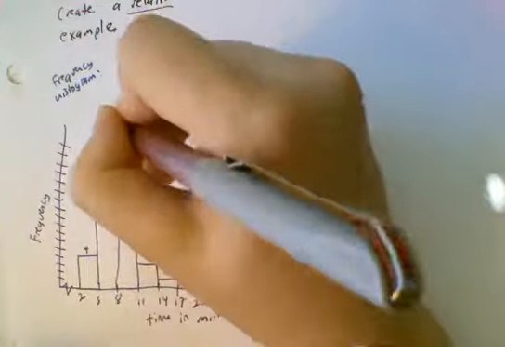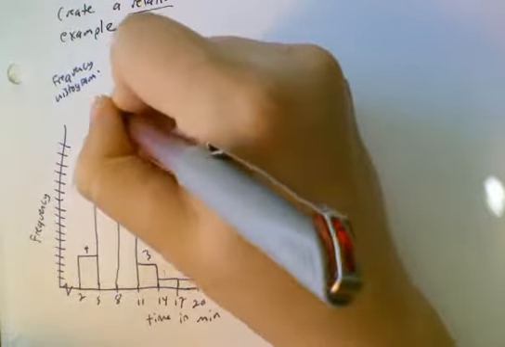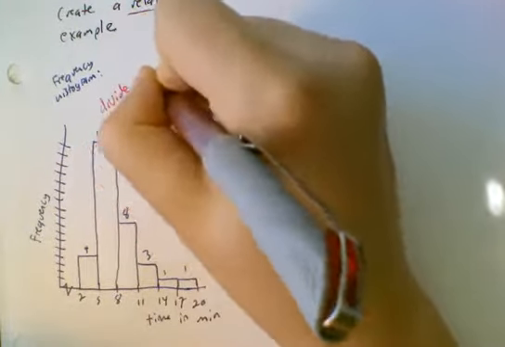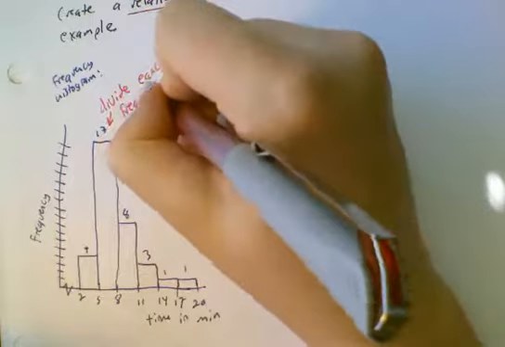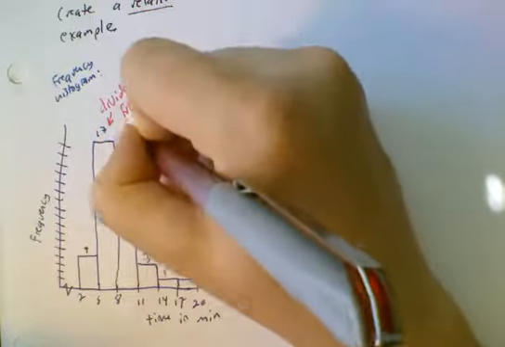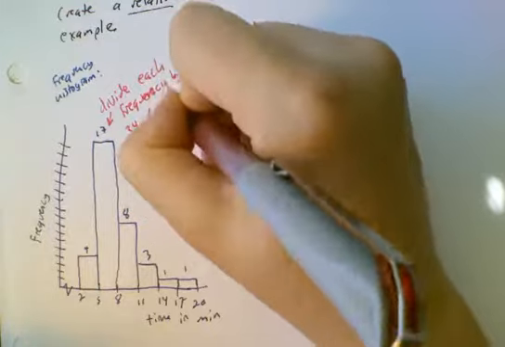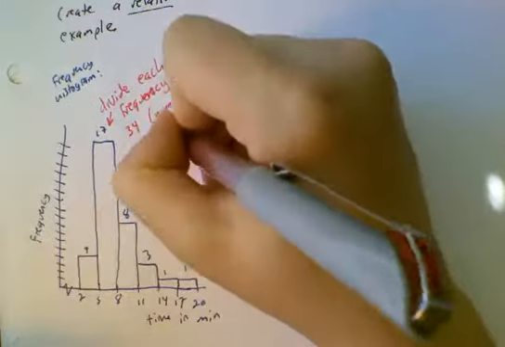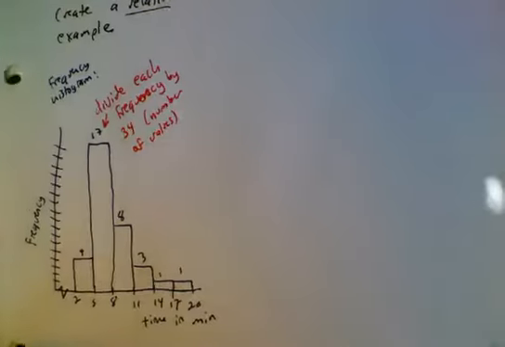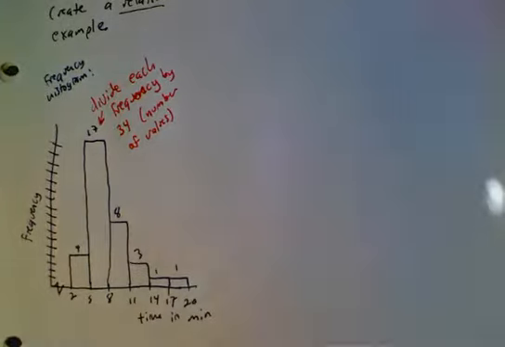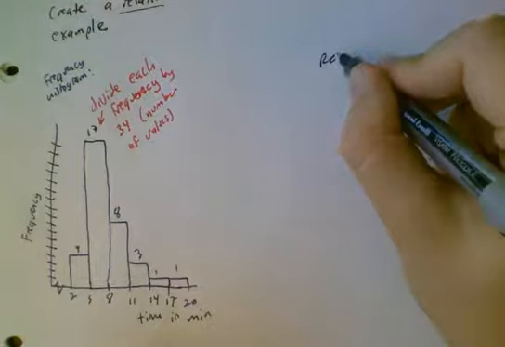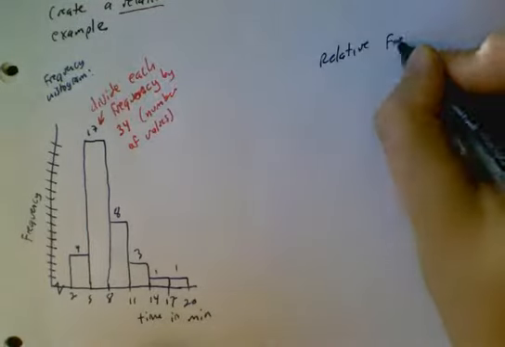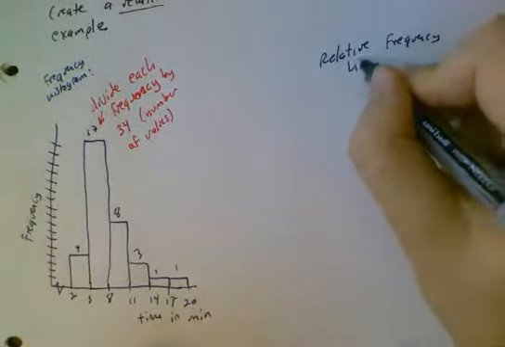So we're going to divide each frequency by 34, which is the number of values. So, other than that, it's going to look pretty much the same. So this is going to be a relative frequency histogram.